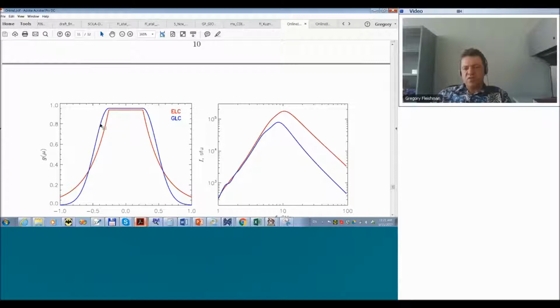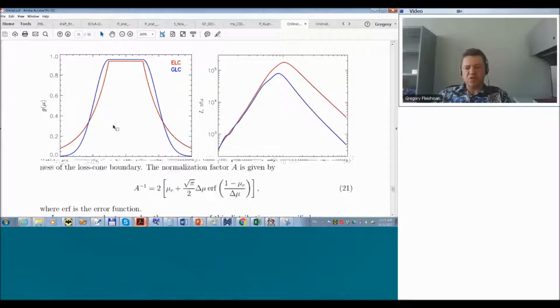And this effect is called loss cone, because electrons are being lost within a given cone of angles. And how exactly the electron distribution falls within the loss cone can be described by different functions. It can be just sharp, can be exponential, can be Gaussian, can be something else.